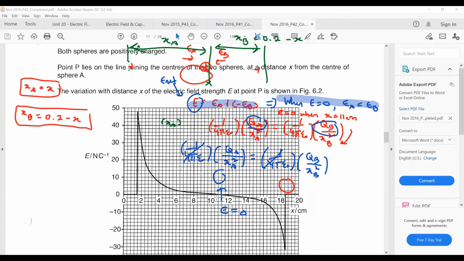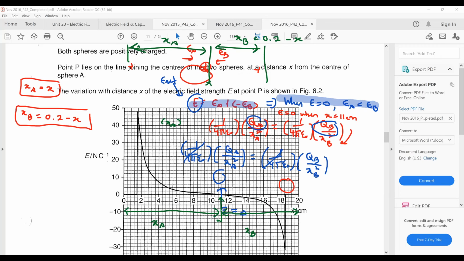At 11 centimeter, which is somewhere around here, this one will be your XA, and then this one will be your XB.